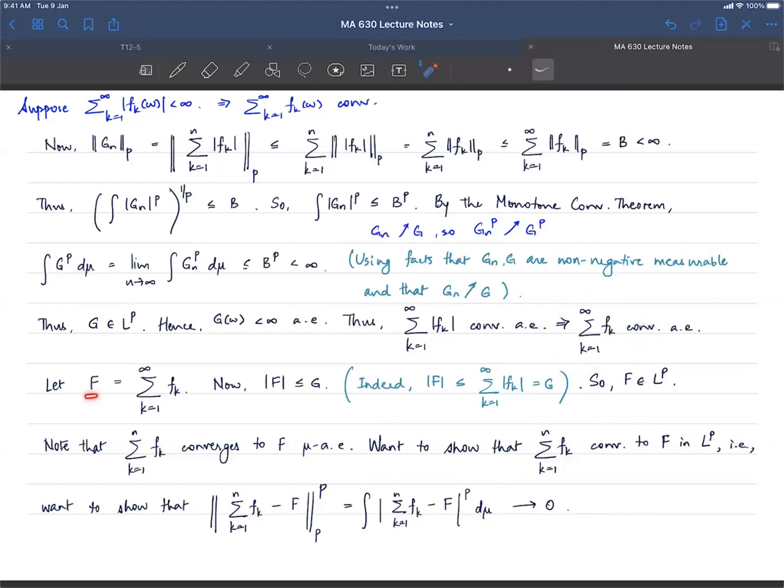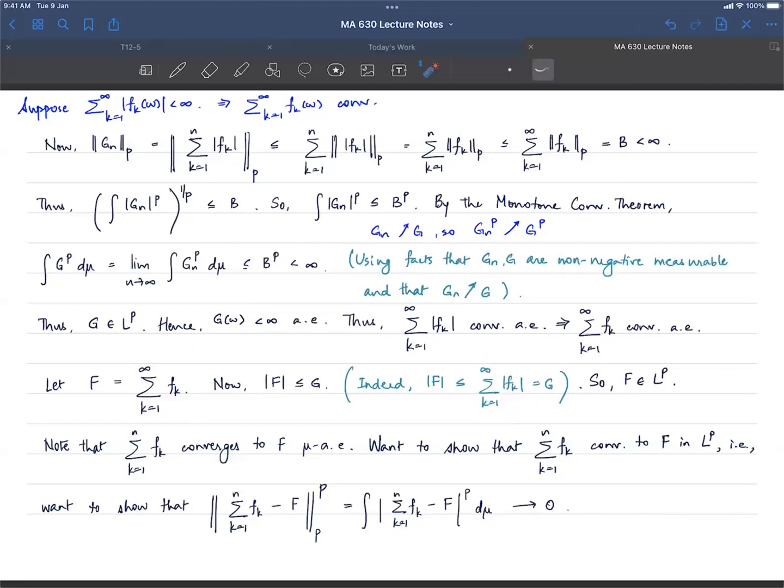So let capital F be the sum k going from 1 to infinity of fk. Now I claim that mod F is less than or equal to g. Why is that? Because mod F is the mod of this sum, which is less than or equal to the sum k going from 1 to infinity of mod fk, which is g.